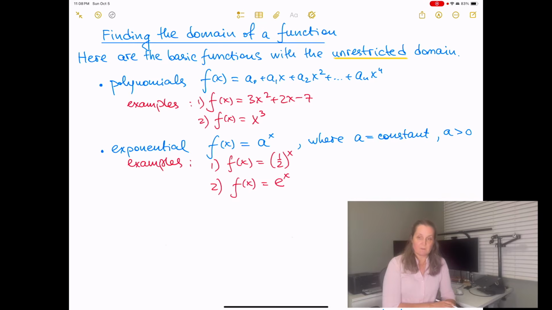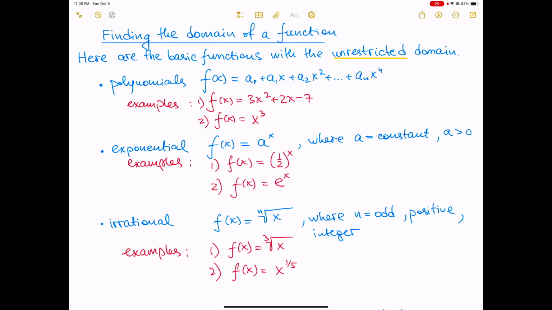For example, f of x equals a half raised to the exponent x has no restrictions, same as e to the x. Another interesting example is irrational functions. f of x is equal to the nth root of x, where n is an odd, positive integer. For example, the cube root of x has absolutely no restriction. x can be any number from minus infinity to plus infinity, and so is the fifth root.